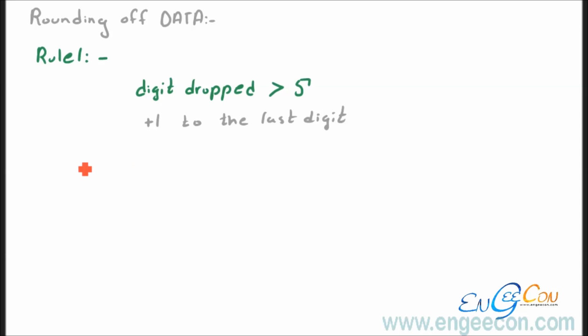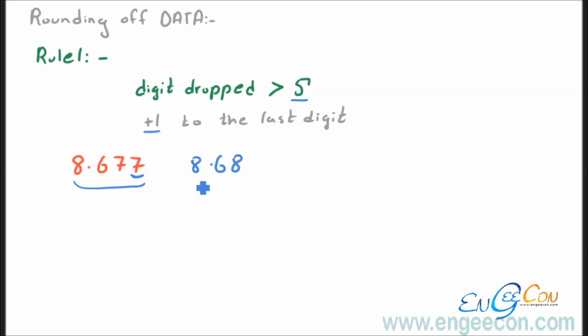For example, if we have 8.677, here we see that 7 is greater than 5 and the last digit is 7, so add 1 to the last digit. So it can be rounded off as 8.68.